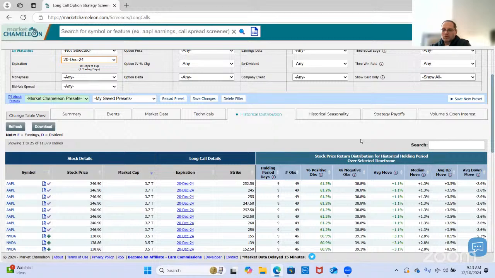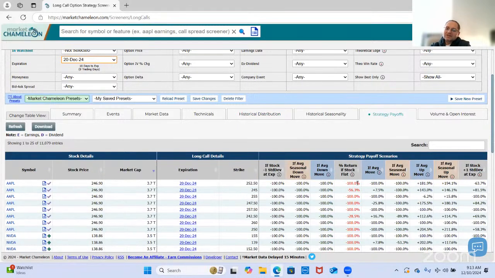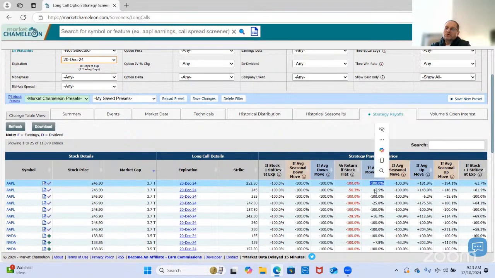Would it be in the money, and by how much? Based on what the option is worth minus what you paid for it, what is the payoff? So let's go over here. And still, with the average move, we're down 100%, okay?